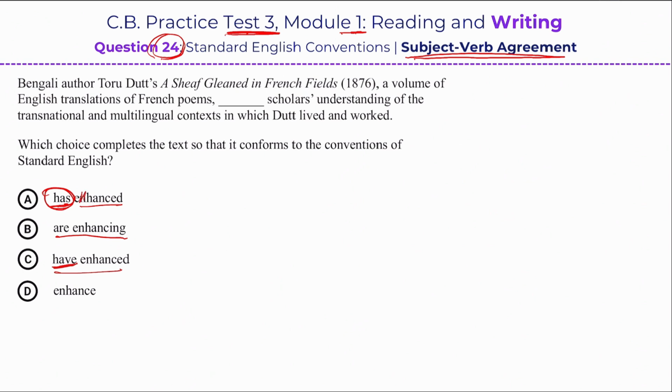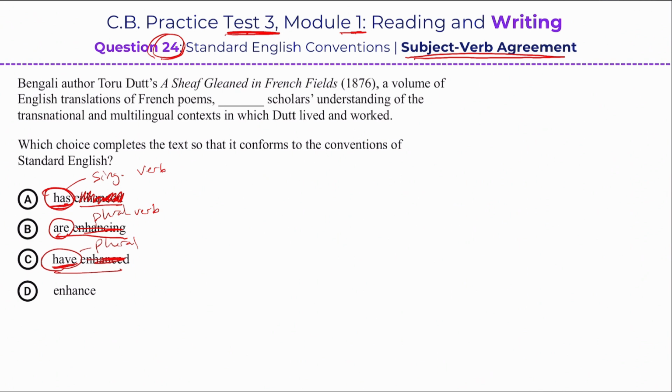Same thing with are. Look at the first word, are, to determine whether it's singular or plural. You know that are is a plural verb, so it is plural. And you know that have is plural. That'll be helpful. As soon as you notice this difference between a singular and a plural verb in at least two of your answer choices, then you know that subject-verb agreement is what you're looking for.